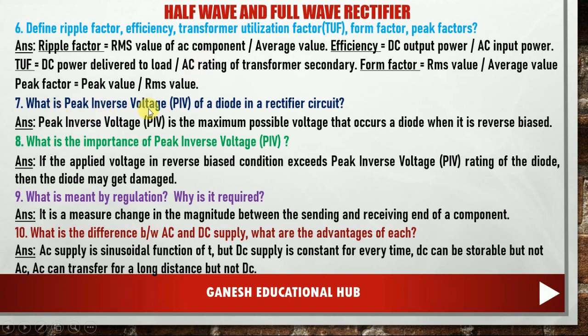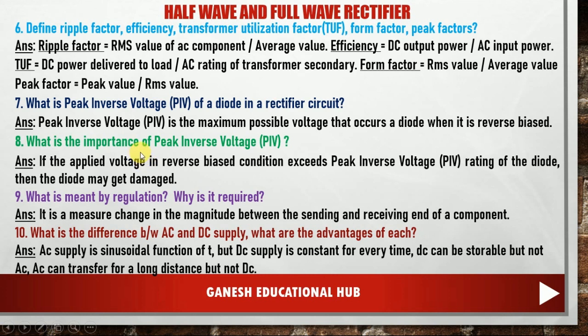What is the peak inverse voltage of a diode in a rectifier circuit? What is meant by peak inverse voltage? Peak inverse voltage is the maximum possible voltage across a diode when it is reverse biased. That is called peak inverse voltage, PIV. Next question.